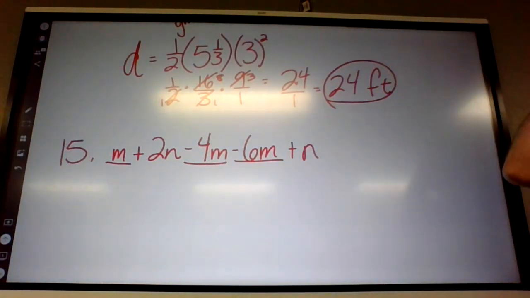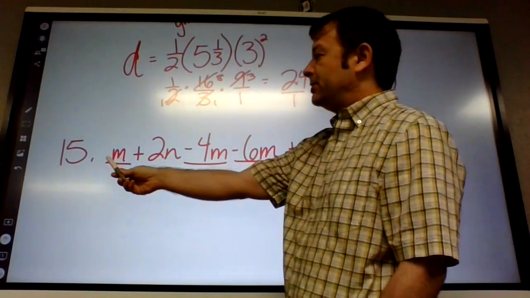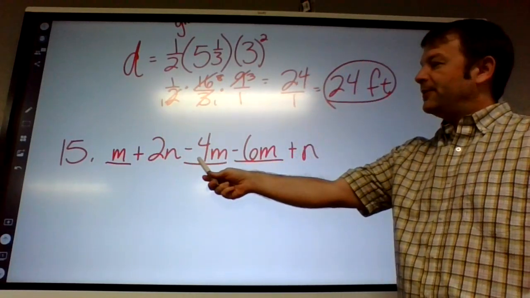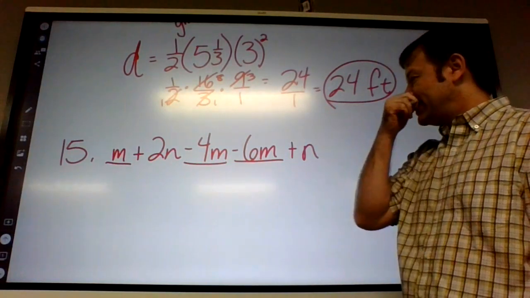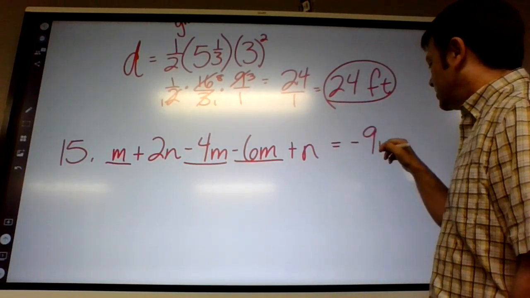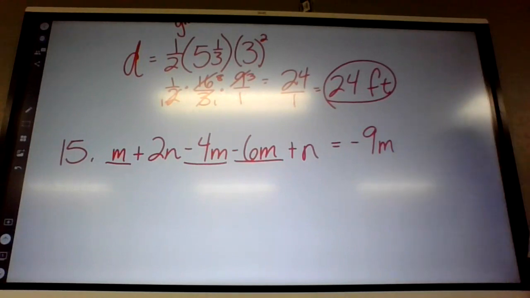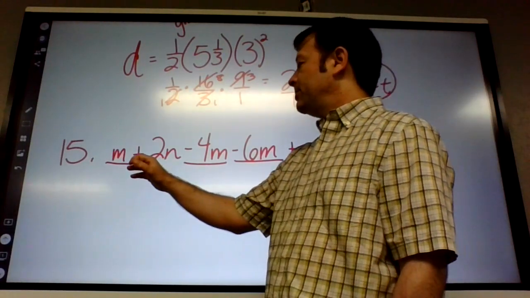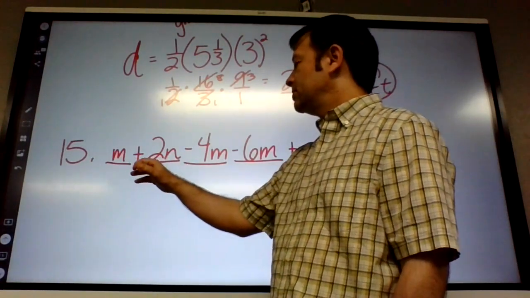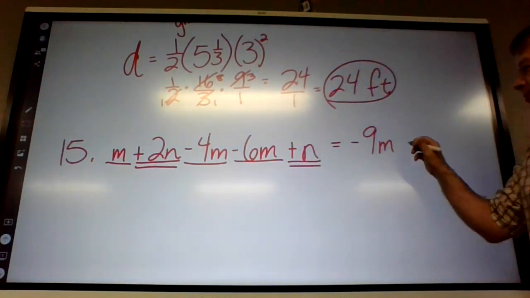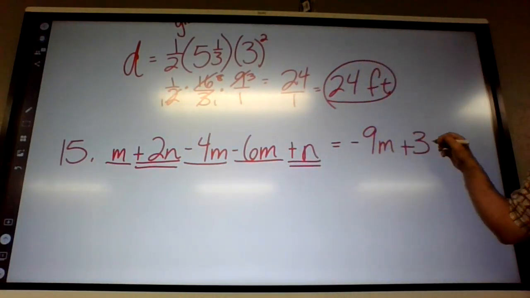So 1 minus 4 is -3, minus 6 is negative 9m. And Miranda, how about the n's? 3n. Since it's positive, we'll put plus 3n.